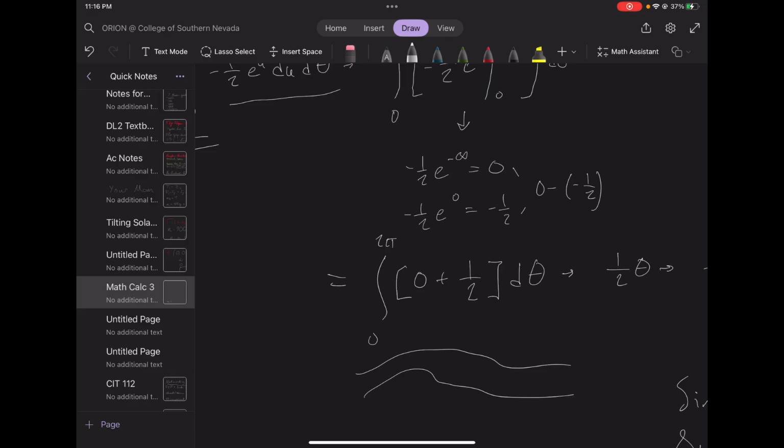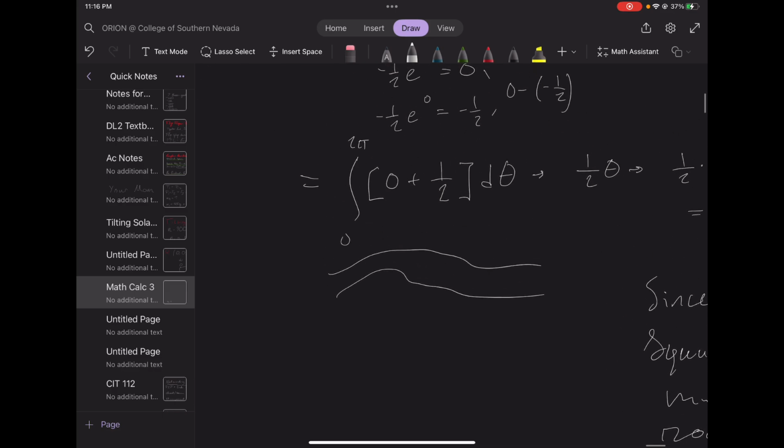Negative 1/2 e to the negative infinity is 0, and negative 1/2 e to the 0 is negative 1/2. So 0 minus negative 1/2 is positive 1/2.